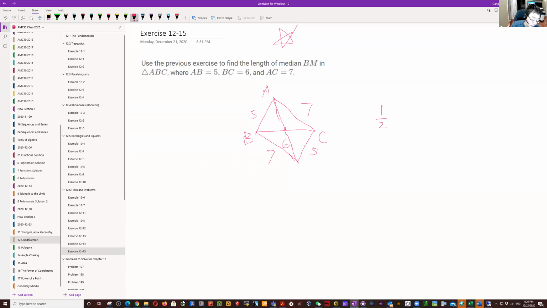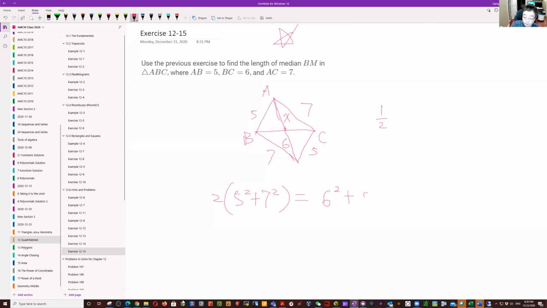The squares of all the sides is 5 square plus 7 square, and double it, equals diagonal 1, which is 6 square, plus the diagonal 2 squared. The median is just 1/2 of the diagonal, so let's say the median is x.